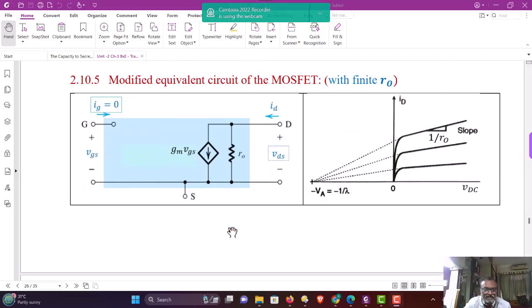The equivalent circuit of the MOSFET is shown in the following figure. We know between gate and source there is an insulator, and therefore the open circuit is shown between gate and source. Whereas between drain and source we have a current source gm into vgs.